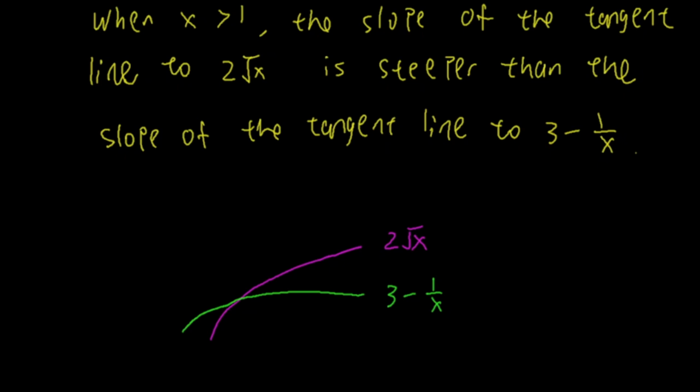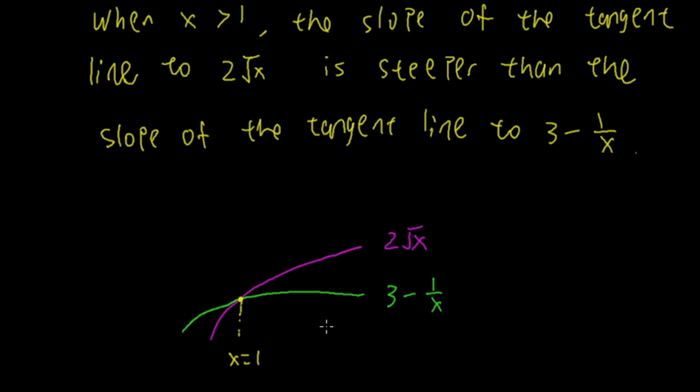Over here, they intersect at x equal to 1. So as you can see, right, the slope of the tangent line to 2 times square root of x is steeper than the slope of the tangent line to 3 minus 1 over x after x equal to 1.